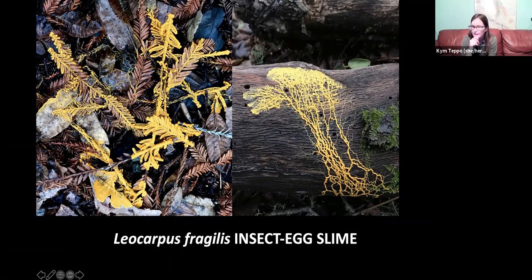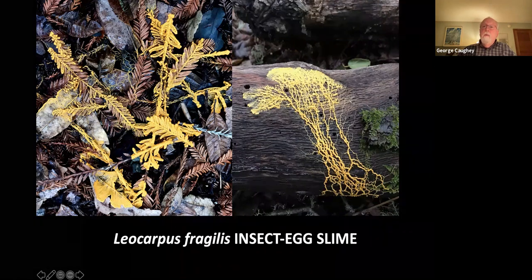And another question is, what causes the colored stripes on the turkey tails? Do you have any idea? Boy, I don't know. And they're variable too. But when you see the turkey tails on a given log, they pretty much have the same pattern, right? Each individual fruiting body.